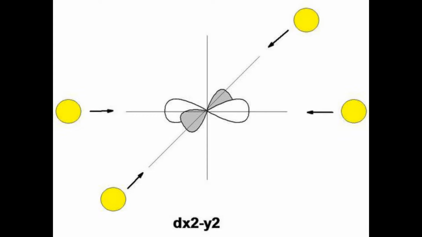So the negative charge on the ligands repels the electrons in these orbitals, and they must go very high in energy. Also, the dxy orbital, which is very close to this orbital in geometry and in space, must also go kind of high in energy, but not as much as the dx² minus y² orbital.